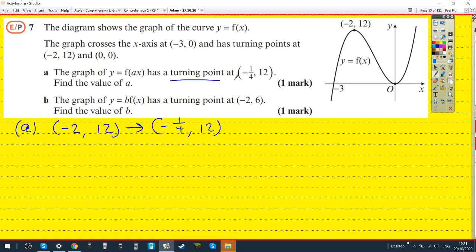Nope. The turning point is minus 2, 12. So minus 2, 12 becomes minus a quarter, 12. And you have to say what changed there.